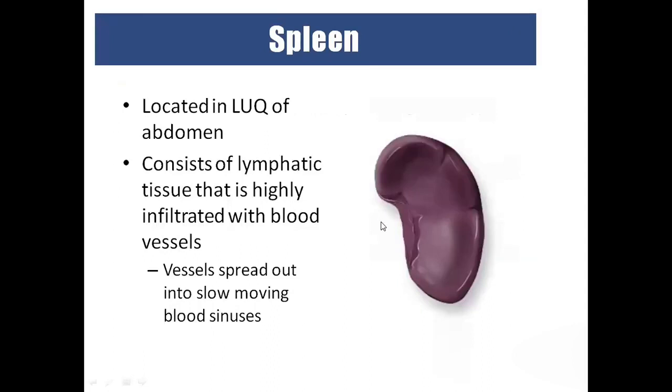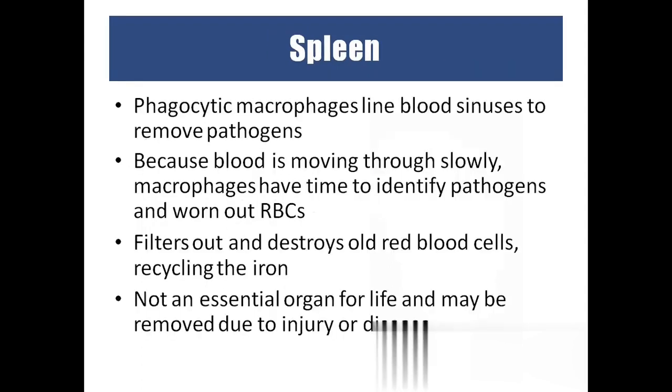So the spleen. This is the spleen, which is located on the left side of the abdomen. It also contains lymphatic tissue, and it highly filters the blood. The spleen also contains phagocytic macrophages. Macrophages are nothing but white blood cells.